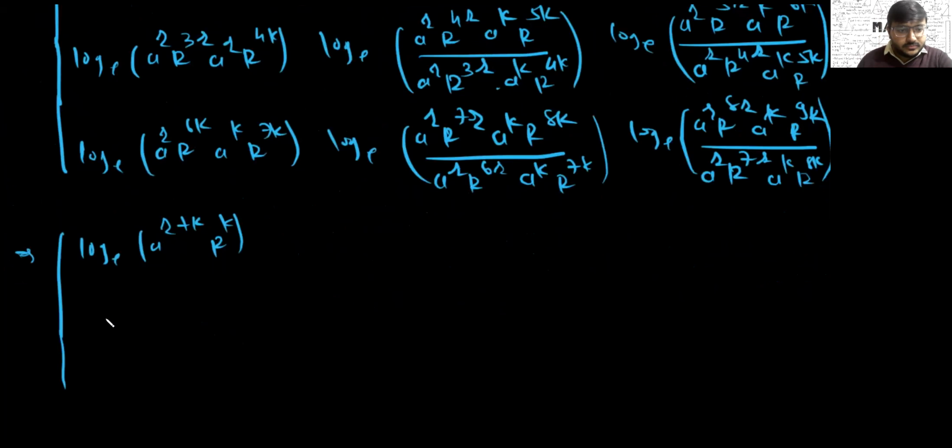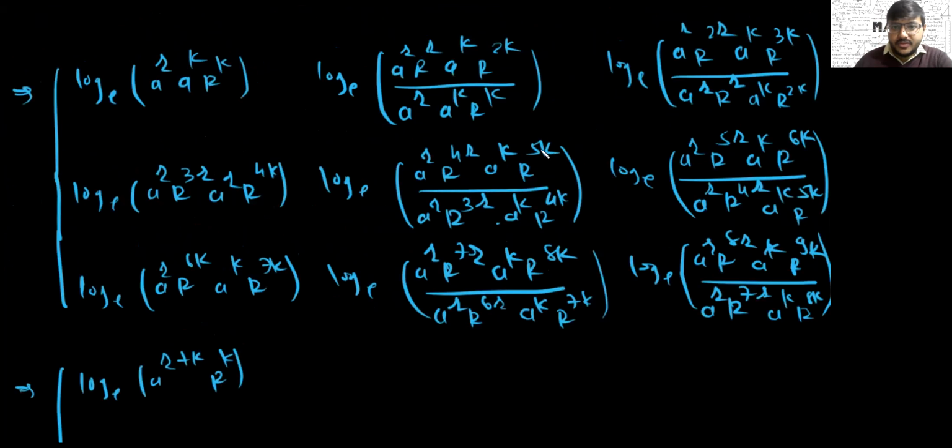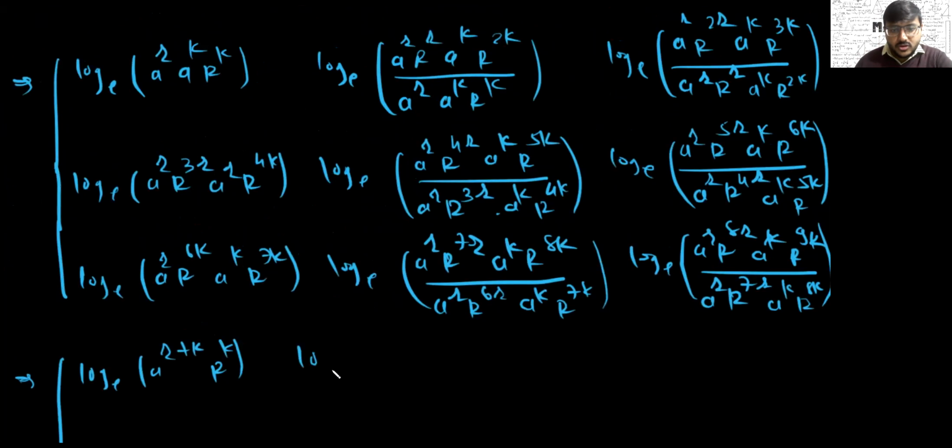Same way, in the first row, just check carefully: a^r, a^r, a^k, a^k cancel, right? Same way, capital R^(2k) and R^k, so you will get R^k in the numerator. So the answer will be R^(r+k). And the same thing you will get in the second column as well as the third column.